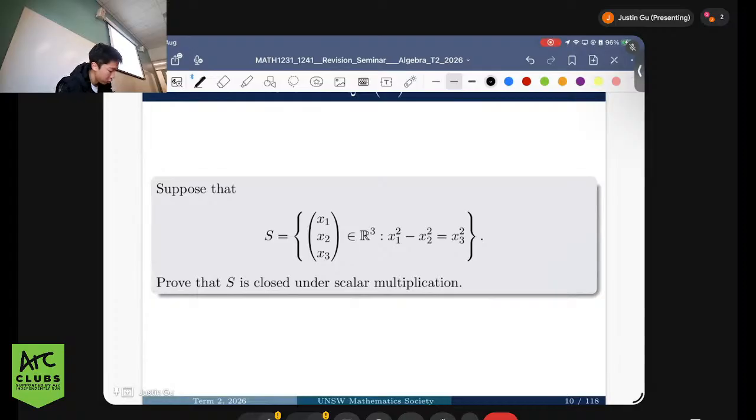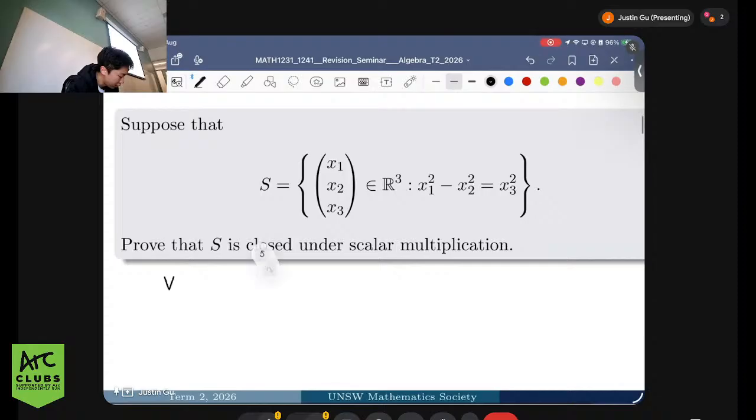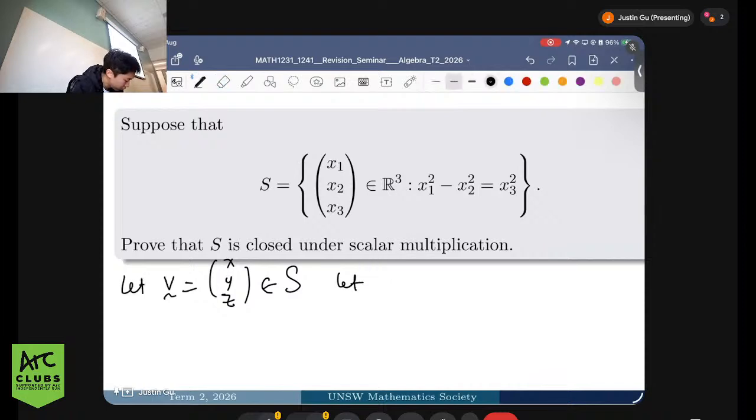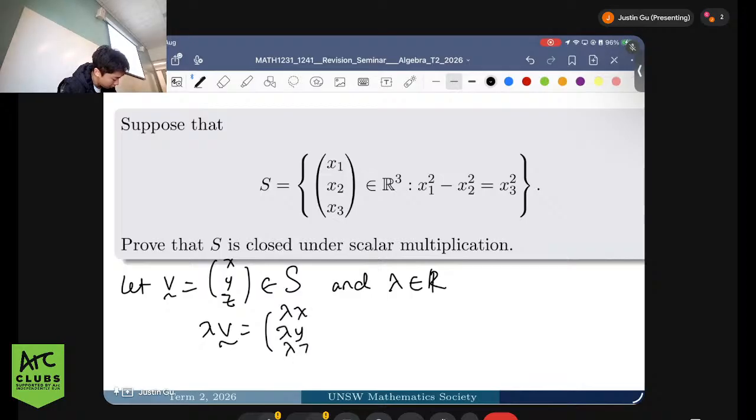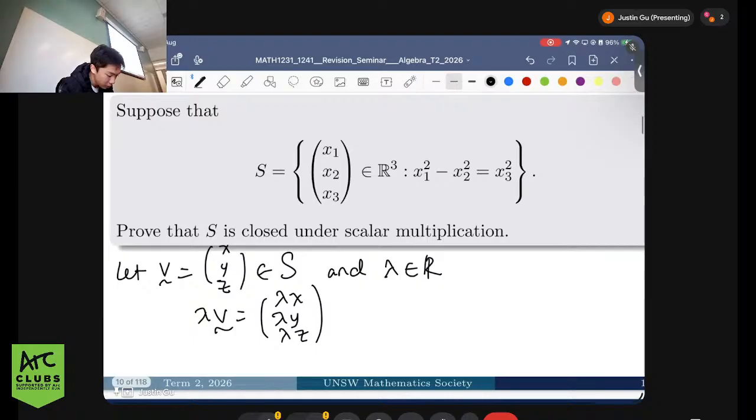Okay, so essentially what we can do is define a general vector, let it be x, y, z, and we say that this is in S, and we also let lambda be a real number. So lambda v would equal lambda x, lambda y, and lambda z. We can sub it in and see what we get.